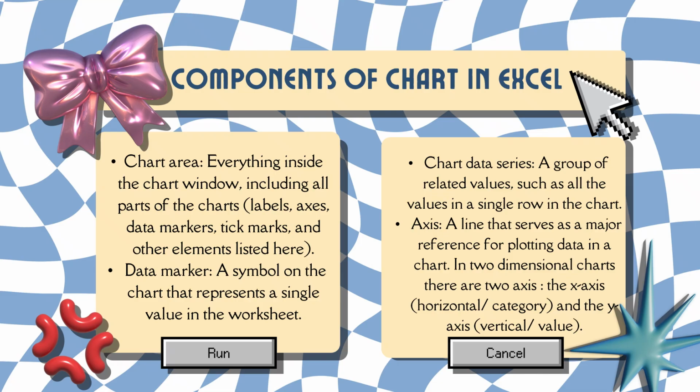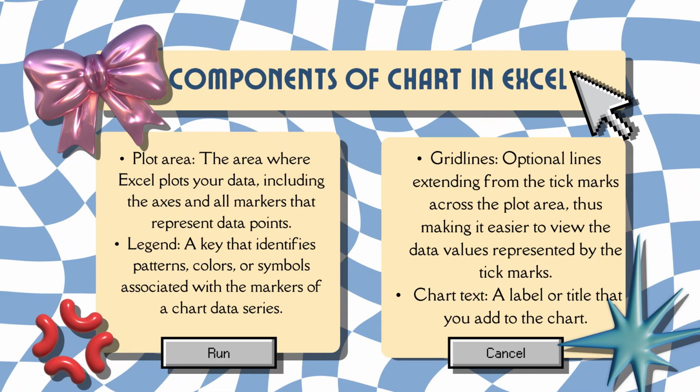In two-dimensional charts, there are two axes: the x-axis, horizontal or category, and the y-axis, vertical and value. Plot area, the area where Excel plots your data, including the axes and all markers that represent data points.